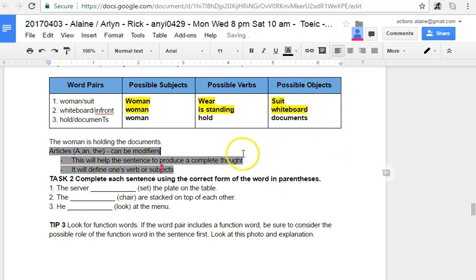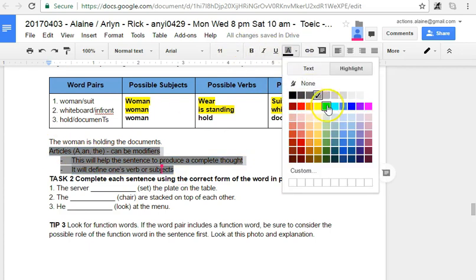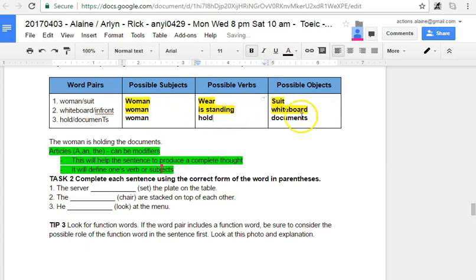Now, for your answer for number three, woman hold documents, this is actually correct. However, the possible verbs should be holding or is holding, right? Very good. Now, let us do the next task.